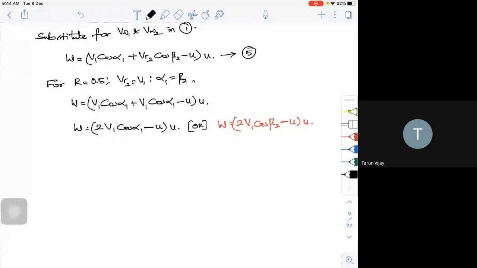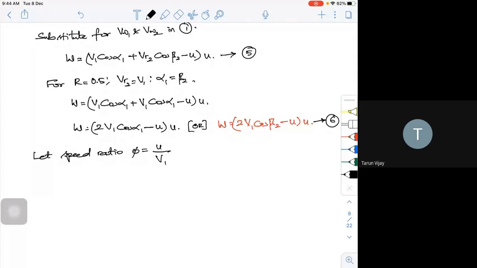So this I am calling expression number 6. Now I am going to define what is called the speed ratio. Let us define a speed ratio, which is called phi. It is the ratio of your blade speed to your flow velocity at the inlet.